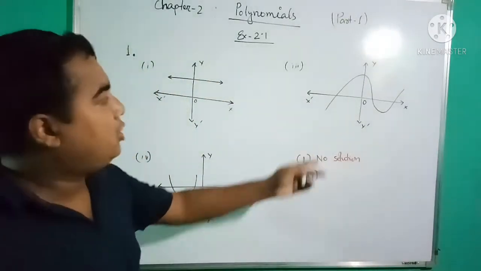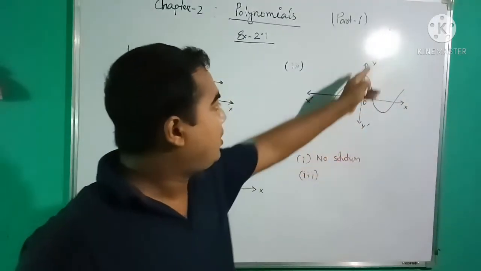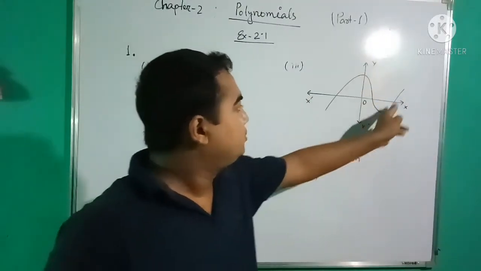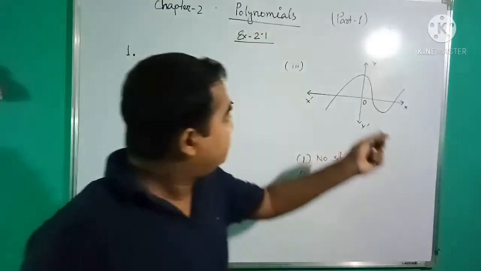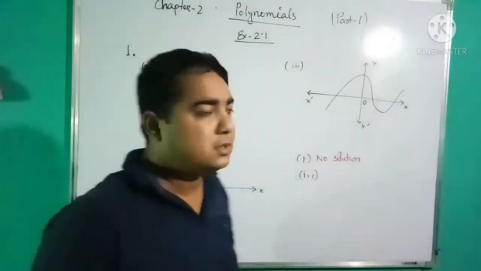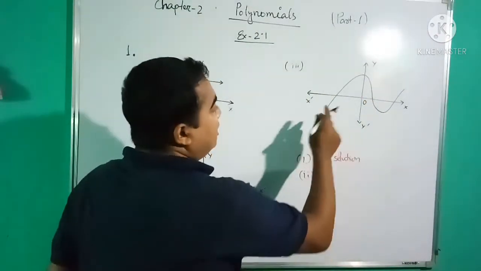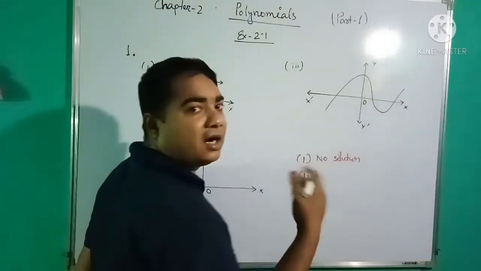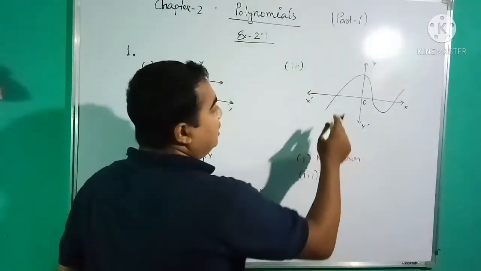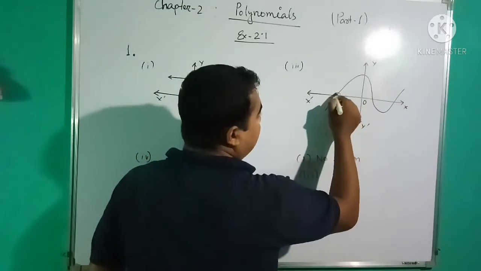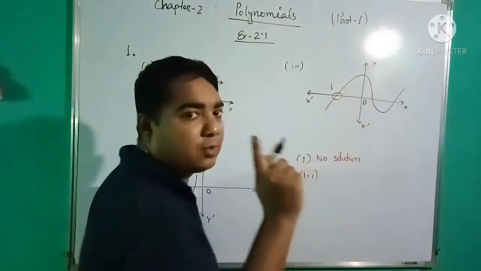And in question number 3, again observe this graph, x-axis, y-axis. This is the polynomial or graph. Now observe the number of intersecting points on the x-axis. This graph, curve or polynomial, same meaning, intersects the x-axis first here, that means point number 1.